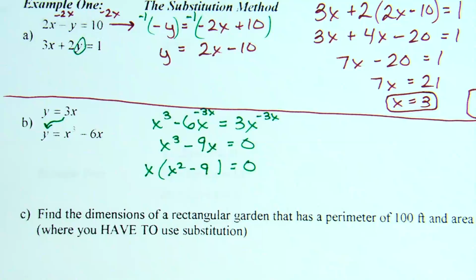There are two different directions I could go here, so I'm curious what you guys say. Okay, can we keep factoring? Yeah, the x squared minus 9 will keep factoring. And so we still have x out front. x squared minus 9 is x plus 3, x minus 3, right?